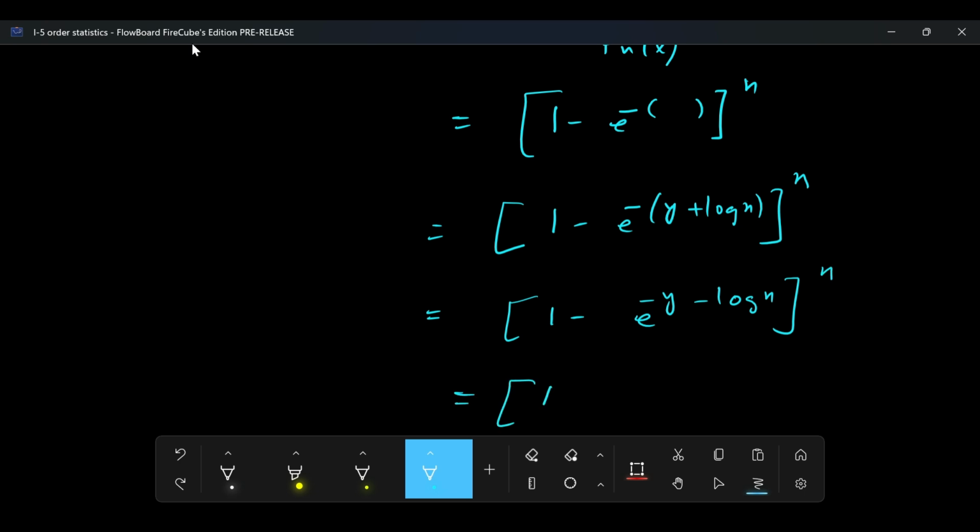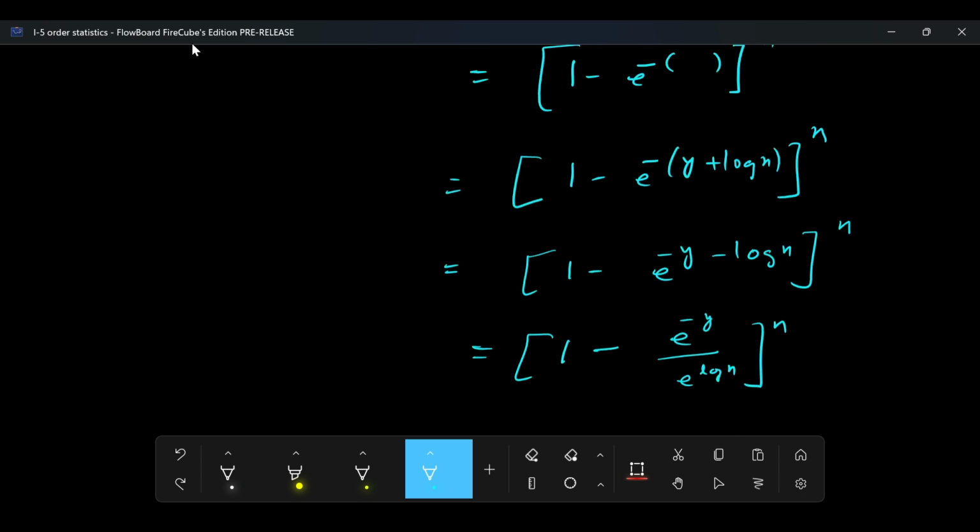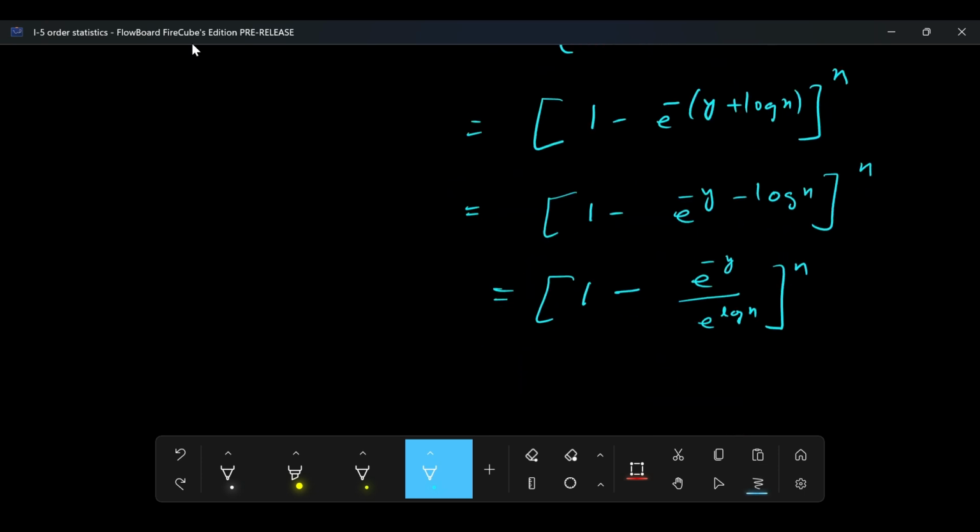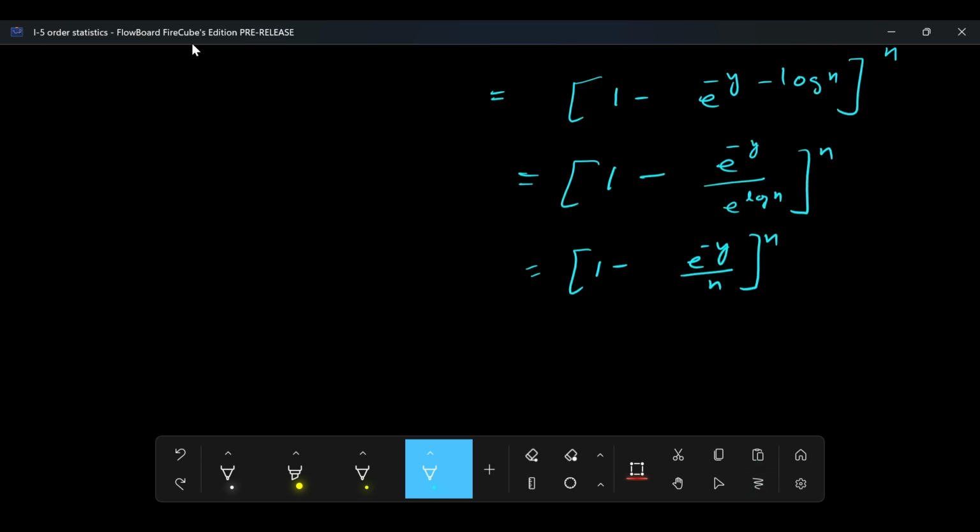Now, e raised power minus y and e raised power minus log n, so I will write this as e raised power log n, raised power n. As you know, e and log will cancel out each other. We are left with e raised power minus y divided by n, raised power n. So this is equal to limit n tending to infinity, which is what we have to look at, 1 minus e raised power minus y divided by n, raised power n.